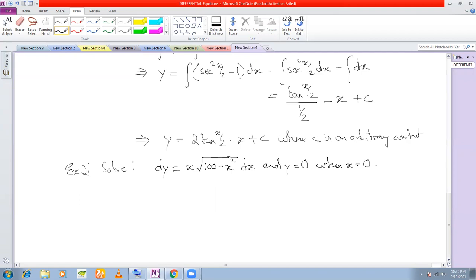Okay, the next part of the question is find the value of y when x is equal to 8.